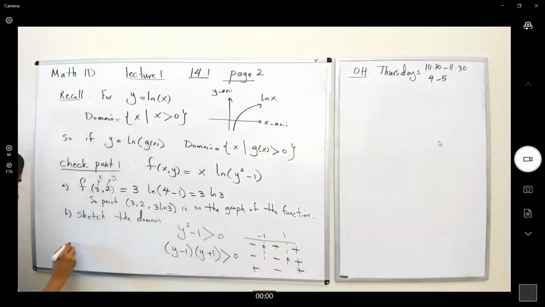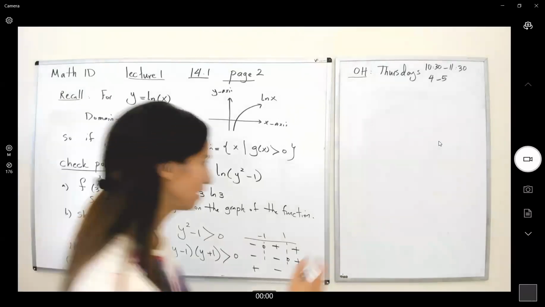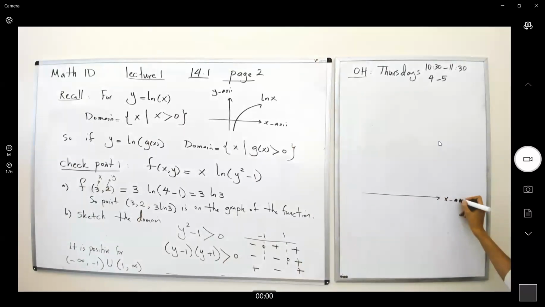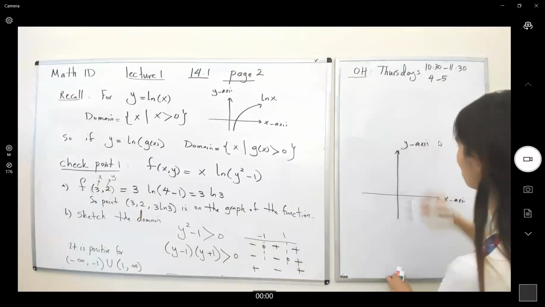So it is positive for negative infinity to negative 1, union 1 to positive infinity. If you want to visualize this, this is your x-axis. Again, you don't have any problem with x. This is your y-axis.